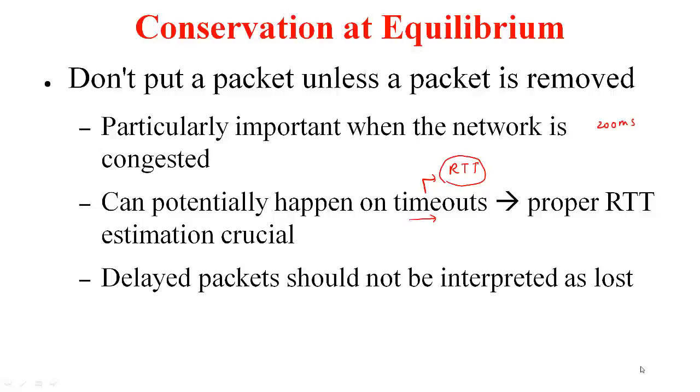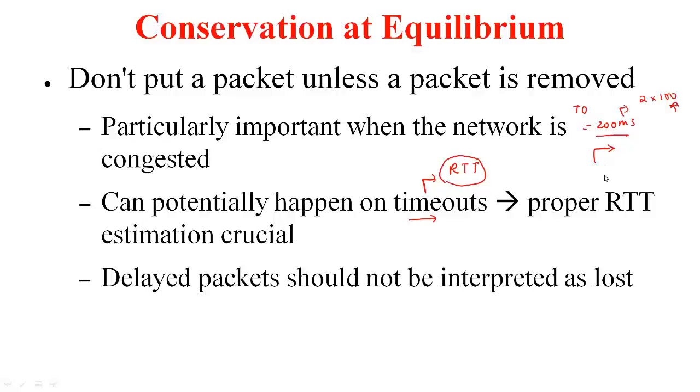Suppose you set your timeout value equal to 200 milliseconds, which let's say is twice the round trip time, which is 100 milliseconds. So you are expecting an acknowledgement for this packet after 100 milliseconds, and you are ready to wait even 200 milliseconds. But if you don't receive this acknowledgement, you conclude that the packet is dropped, and thereby you are going to resend the packet.